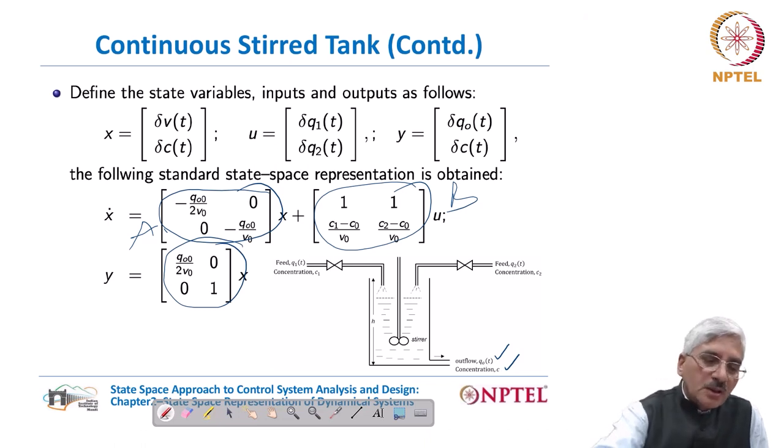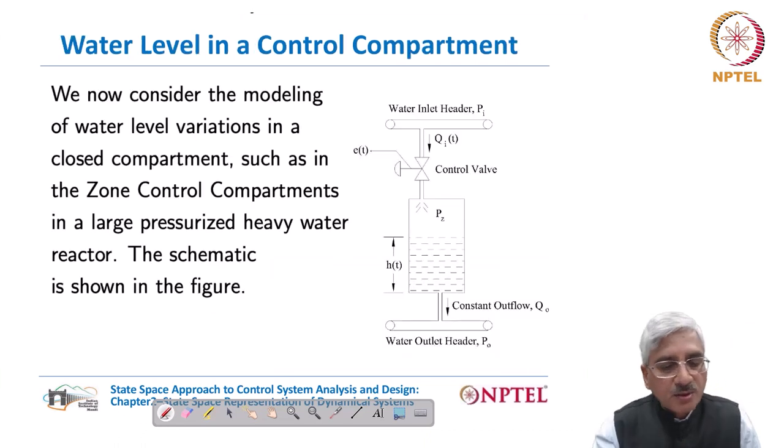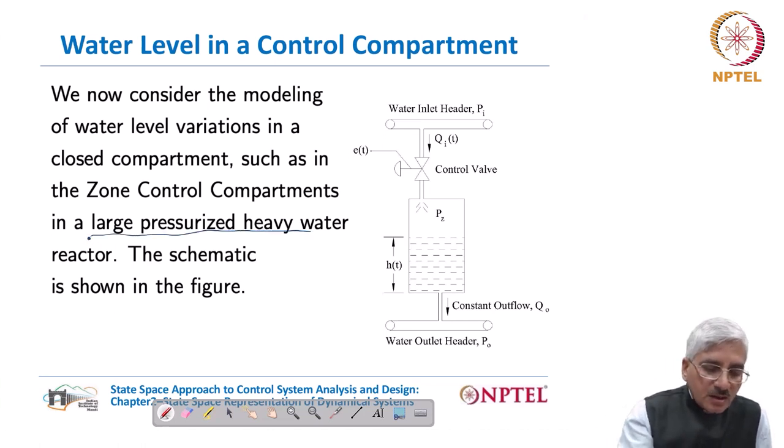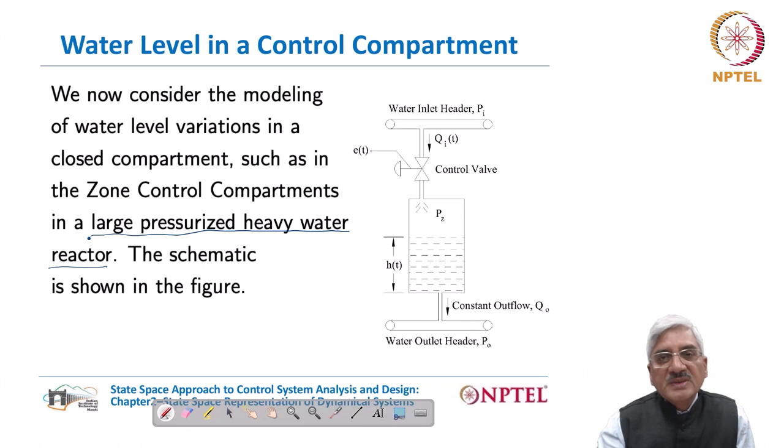We now move to the second example, which is that of water level in a pressurized compartment, which I am calling the control compartment. This system is an idealization of zone control compartments in the liquid zone control system of large pressurized heavy water reactors.